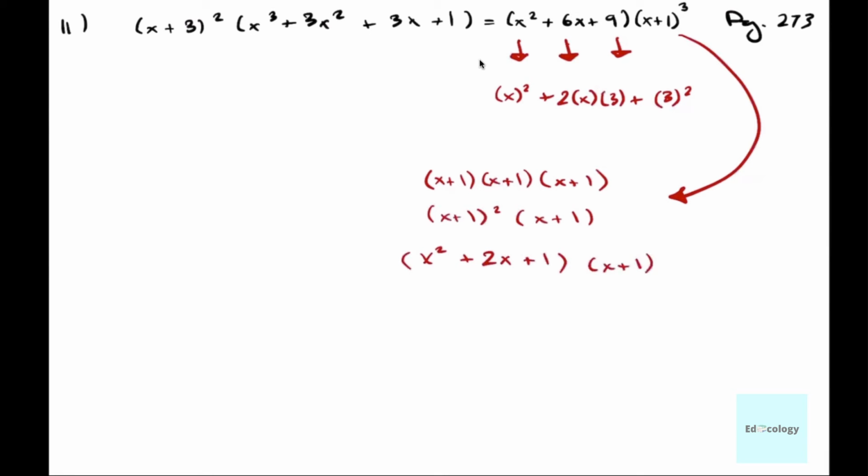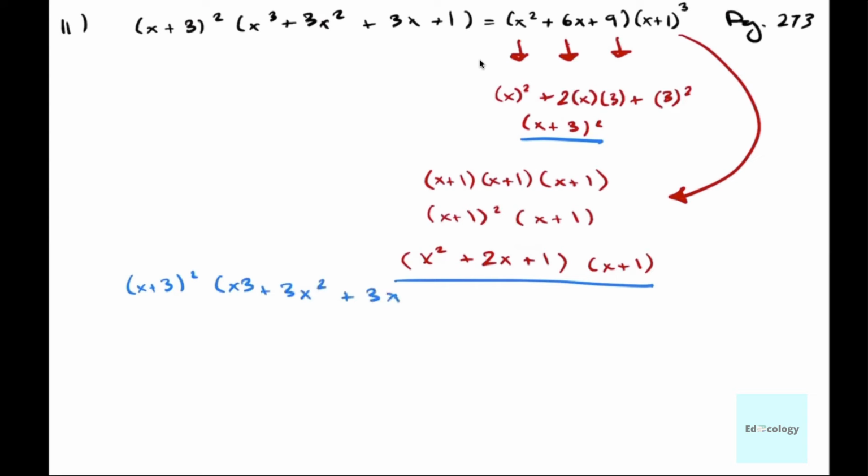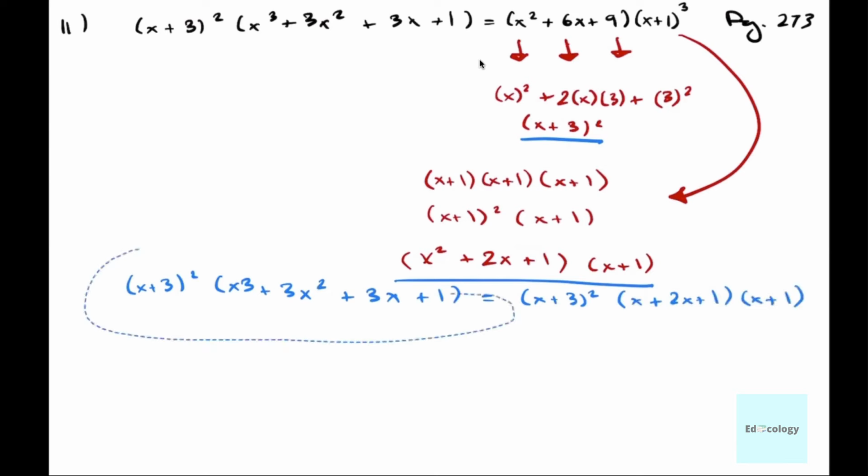So this is (x plus 3) squared. Let's write this and this next to each other, and then simplify even further. So it will be (x plus 3) squared times (x cubed plus 3x squared plus 3x plus 1) equals (x plus 3) squared times (x squared plus 2x plus 1)(x plus 1).